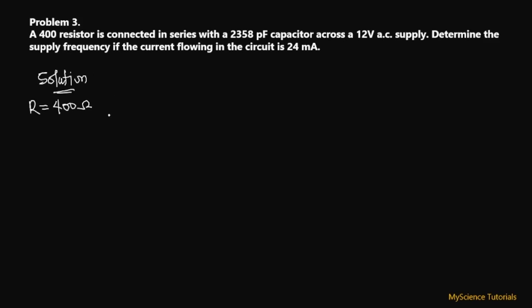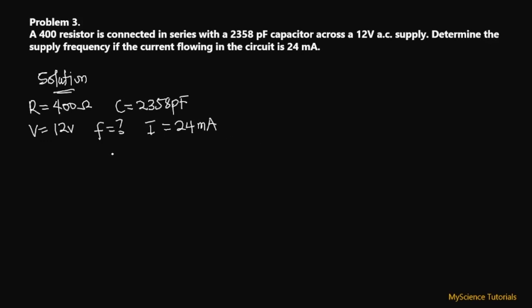Then we have a capacitor with capacitance of 2358 picofarad. Then we have our voltage of 12 volts, and we've been asked to find the frequency, which we do not know, but we also know that the current flowing through this entire circuit is 24 milliamperes. So that is very good news.